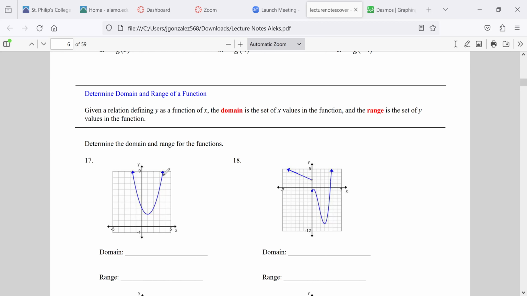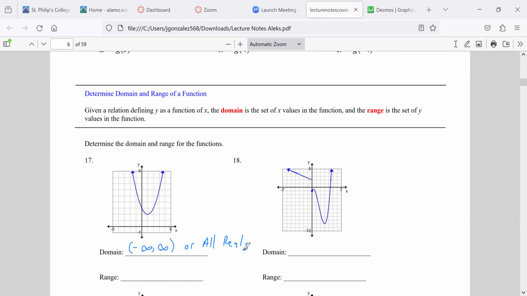So you would say the domain is negative infinity to infinity, or all real numbers. I don't know how they do it in homework. This is the interval notation. This is just saying all real numbers, whatever. I prefer this one. That's the one to use. Pretty sure the homework is going to make you do the same.